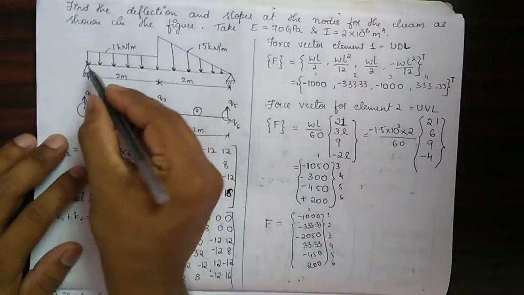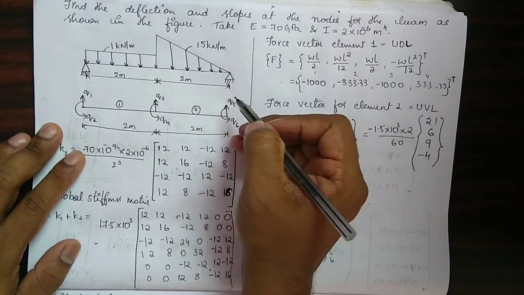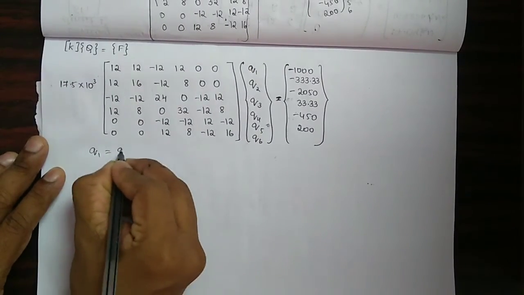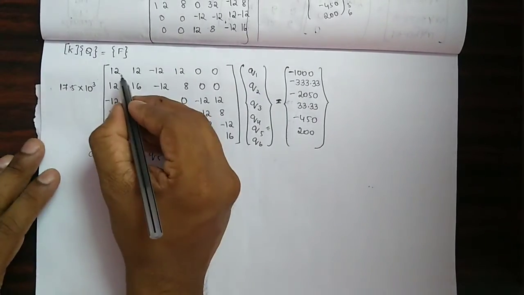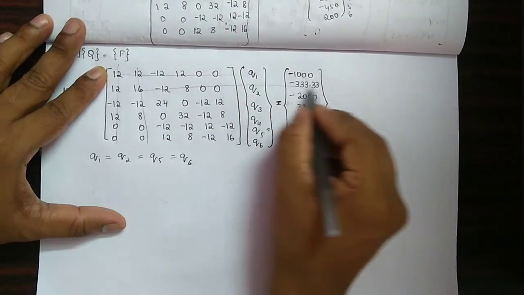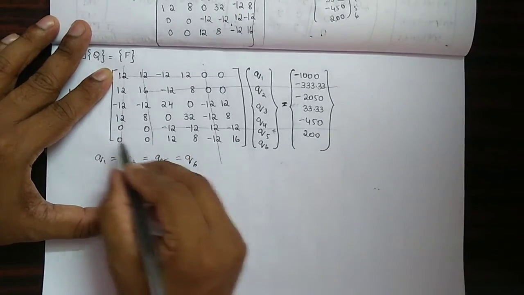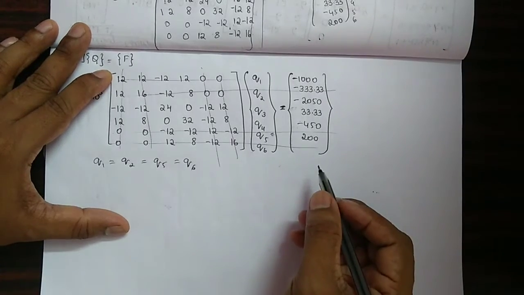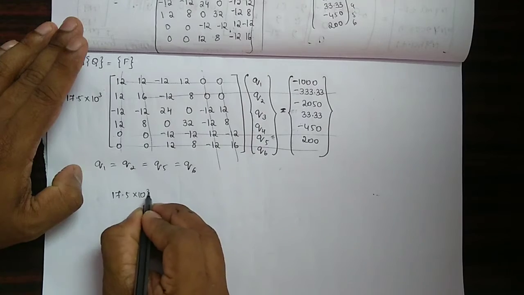So Q1, Q2 and Q5, Q6 are 0. Q1 equal to Q2 equal to Q5 equal to Q6 equal to 0. So we have to cancel off the first row, first column, second row, second column, fifth row, fifth column, and sixth row, sixth column. Now we have to write down what is remaining.